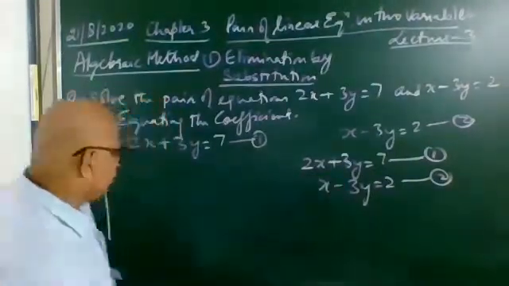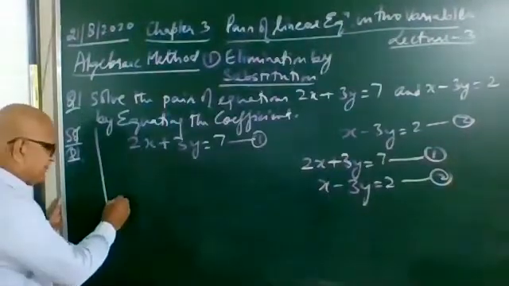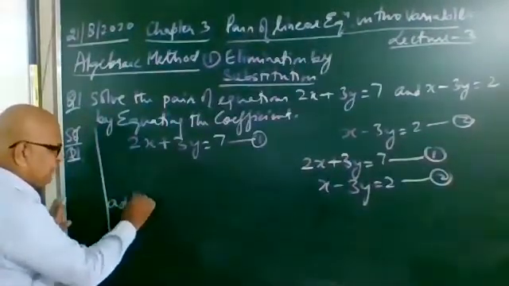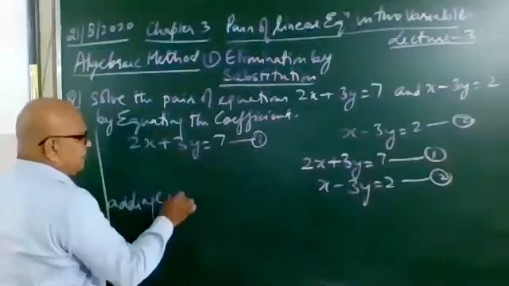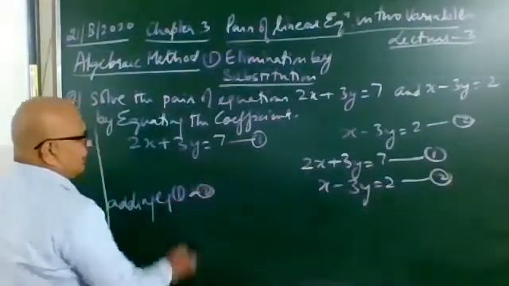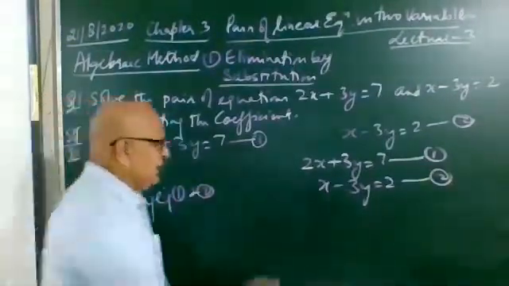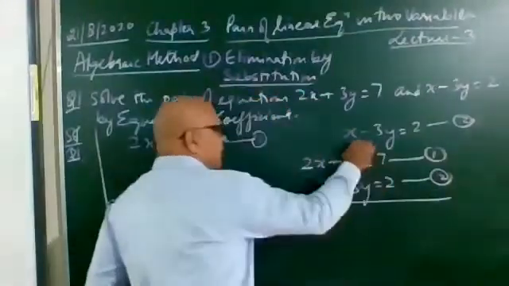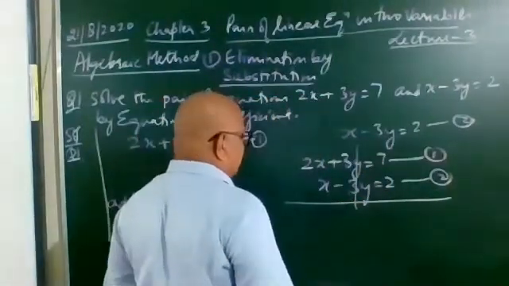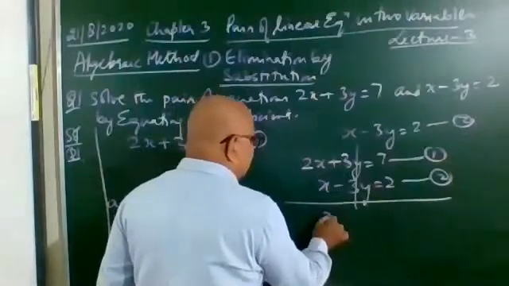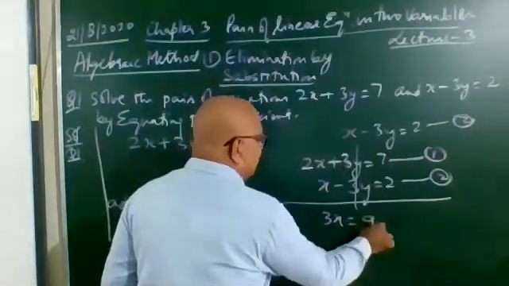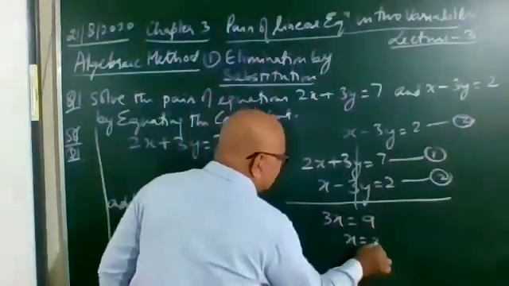By adding. So in the space you will write: adding equation 1 and 2. So plus 3y minus 3y cancels, 2x plus x is 3x, and 7 plus 2 is 9. x is 3.